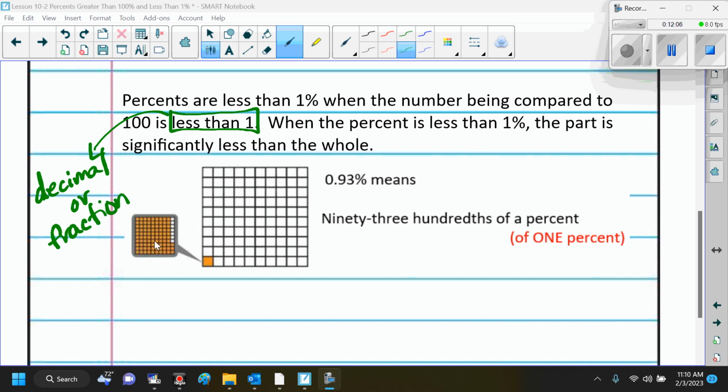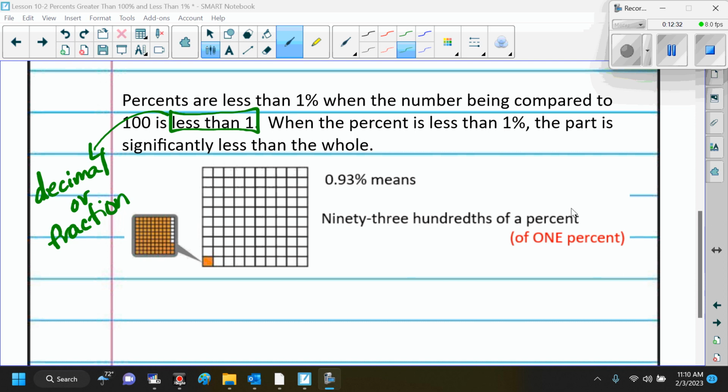There are 93 shaded in the 1%. So that is 93 out of the 1%. So that says 93 hundredths of 1%. Is everybody clear with that?